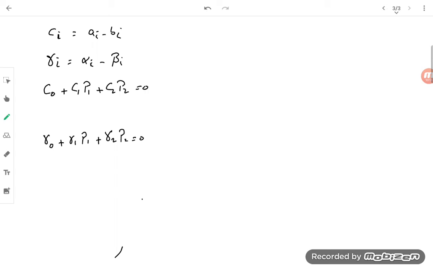Okay, now we would like to solve the equations for the value of P1. So first of all, we can write the equation as C1 P1 plus C2 P2 equals negative C node. And the same here, gamma 1 P1 plus gamma 2 P2 equals negative gamma node.